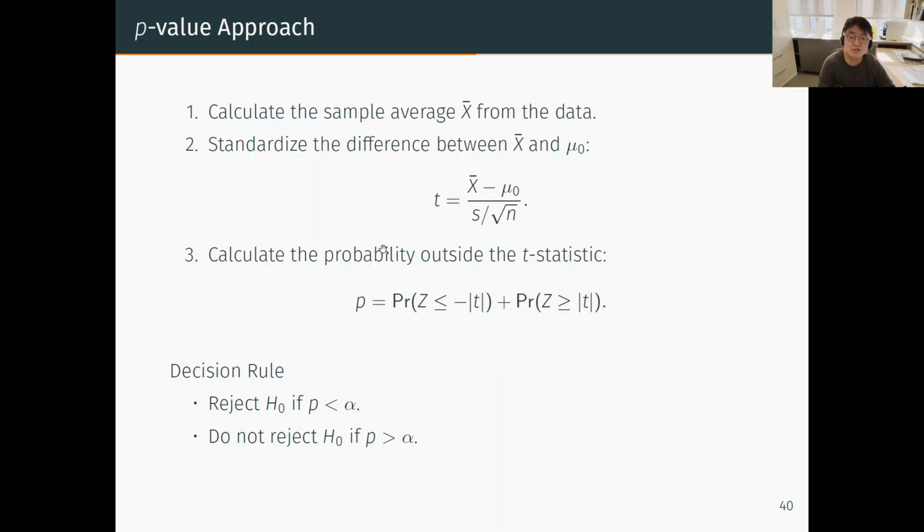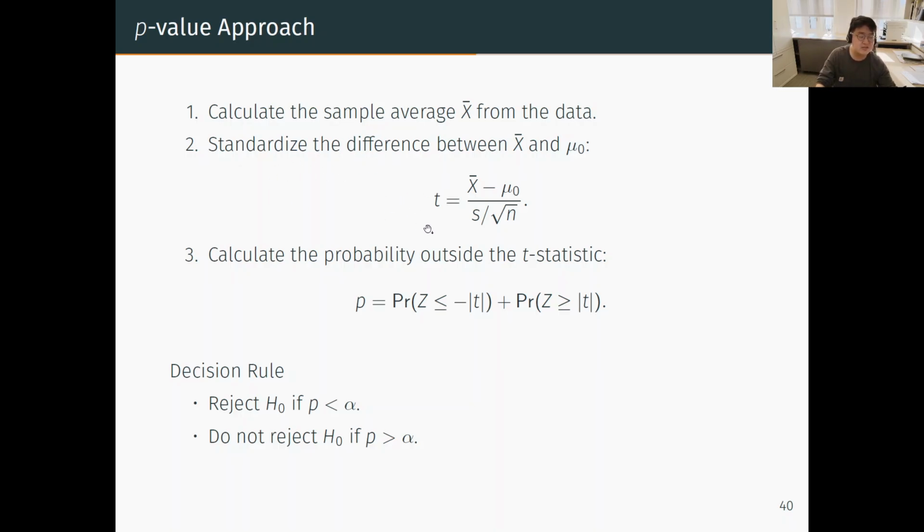The first approach is the p-value approach, which is what I explained earlier. To summarize again, you first calculate the sample average x bar from the data, and then you compare the sample average against your hypothesis and standardize the difference.